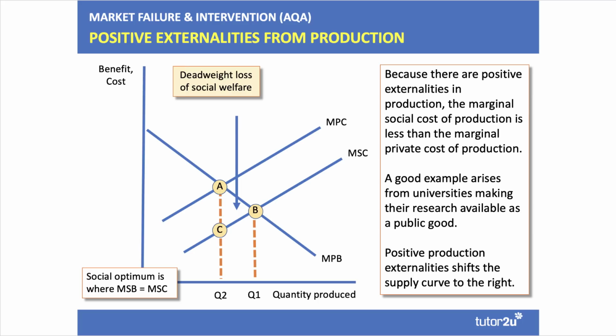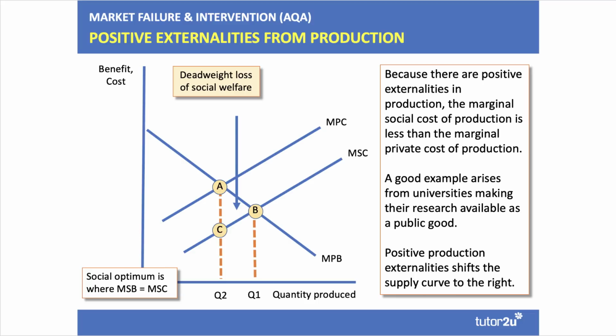And there are examples of positive externalities from production. This is where the marginal social cost of production is less than the marginal private cost. For example, a university may make their research available freely to businesses as a public good, which lowers the research costs of other businesses, effectively driving down the social cost of production.